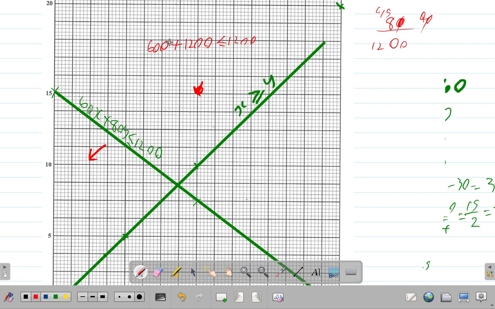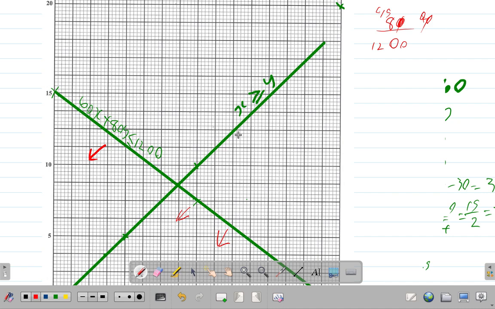But we know 600 plus 1200 is 1800. And 1800 is not less than 1200. We know it wouldn't satisfy it already, but we just show it. Alright. Now you can also mark all of those points here to satisfy this inequality.